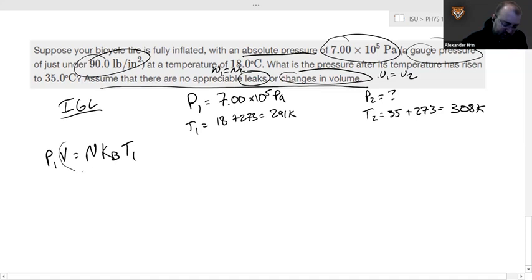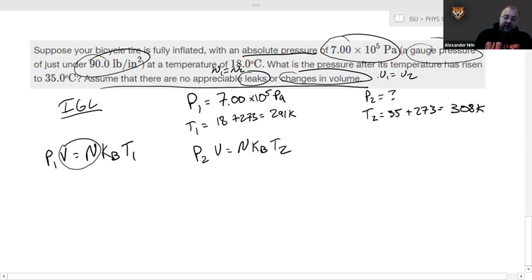Well, the issue is we do know KB, but we don't know either V or N. So given that, what are we going to do? Well, if you were going to do it with the ideal gas law, since you do know that N and V are constant, you can solve for some ratio and then plug it into the other equation. So you also know that P2 V should be equal to N KB T2.